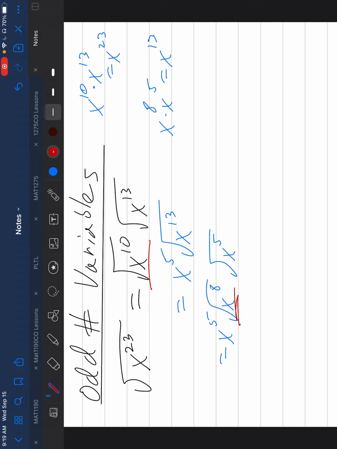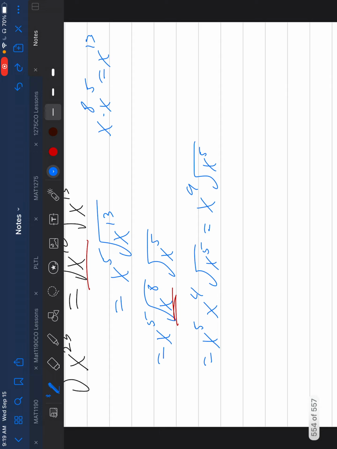Is this a perfect square? Yes, it is. So we get x to the 5th, x to the 4th, radical x to the 5th. And that's going to equal x to the 9th times radical x to the 5th. Right, because we added 5 plus 4 to get 9.